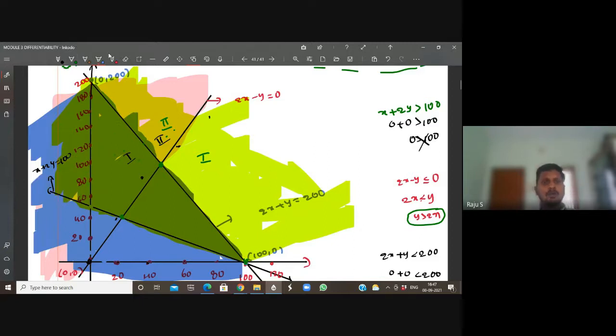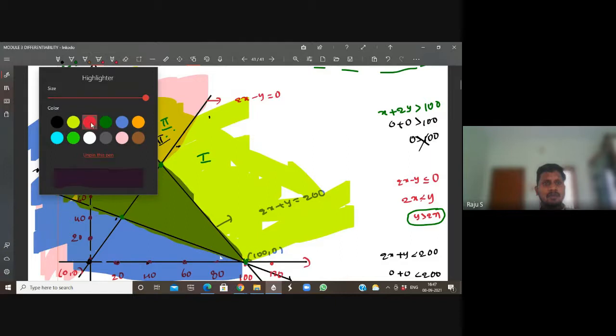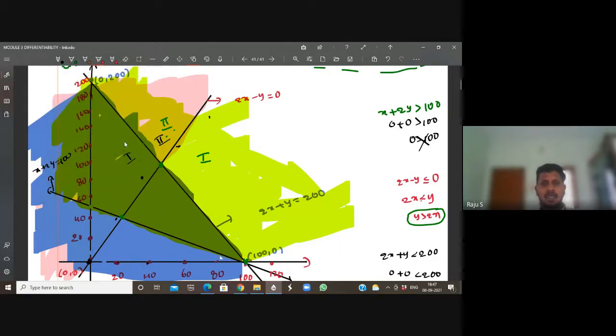What is the common region for all these lines? And x greater than 0, y greater than 0 means the first quadrant. So this is the common region. This shaded region is the common region.